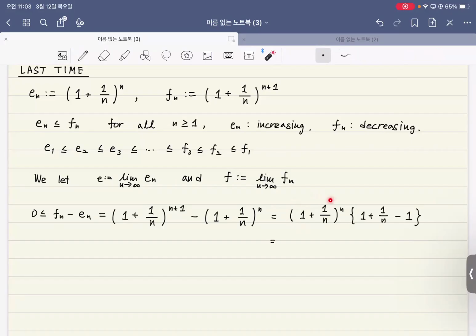The first factor is En, and the second factor is just 1 over n.